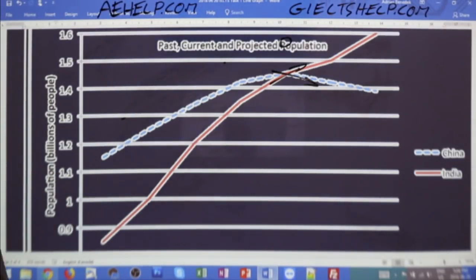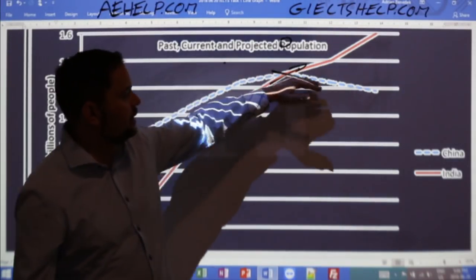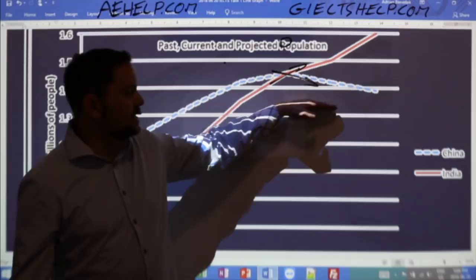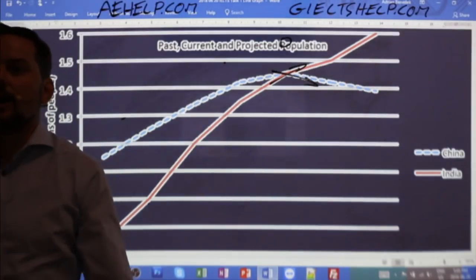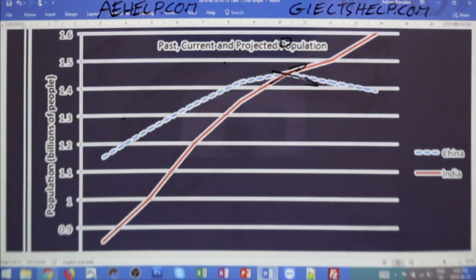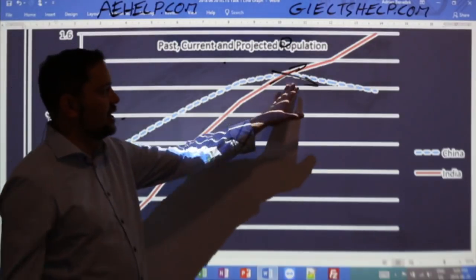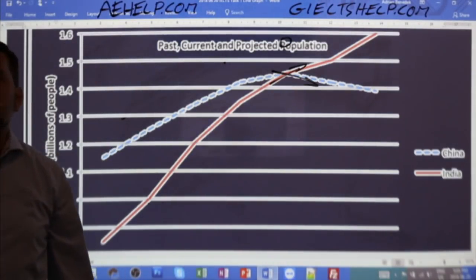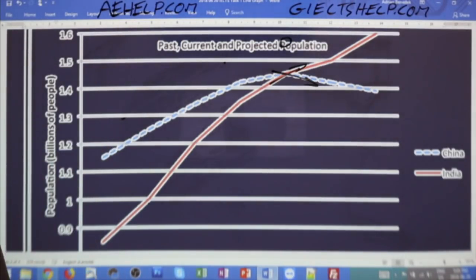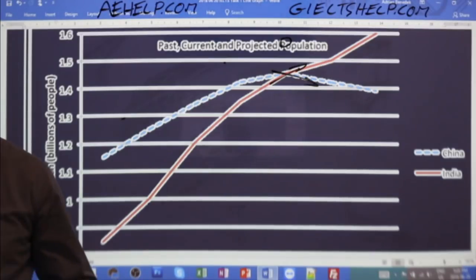Not plateau. There's no plateauing here. A plateau would be more or less a flat line. Colliding is not okay as well. There's no collision here. These countries aren't actually crashing with each other. So that's kind of strange as well. I still haven't seen the right word here.